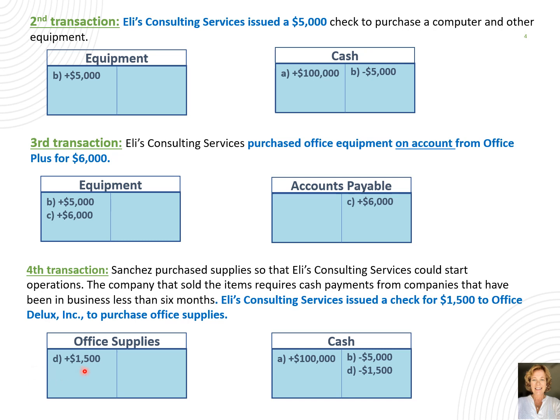So we'll debit the account office supplies for $1,500. The second part of our transaction must therefore be a credit because all transactions must balance, and our first part was a debit. All right, so we already know that we'll need a credit to an account. We issued a check, so cash decreased, and therefore we're going to credit cash for $1,500.